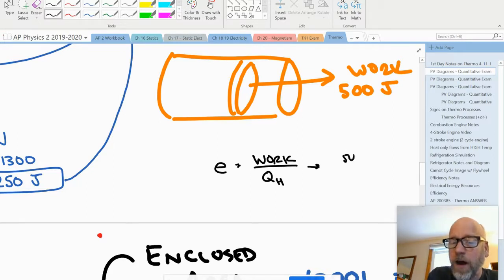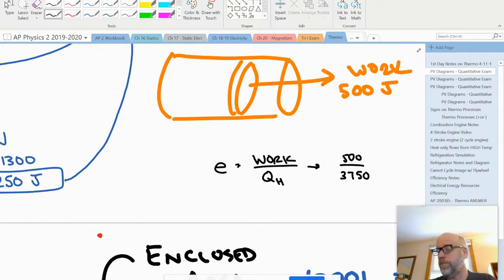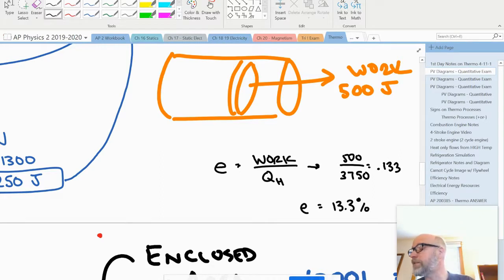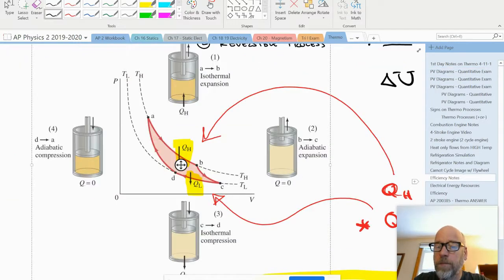So that's going to be 500 divided by 3,750. Oh, I got 0.133. So what does that mean? That means that this cycle was 13.3% efficient. Cool?